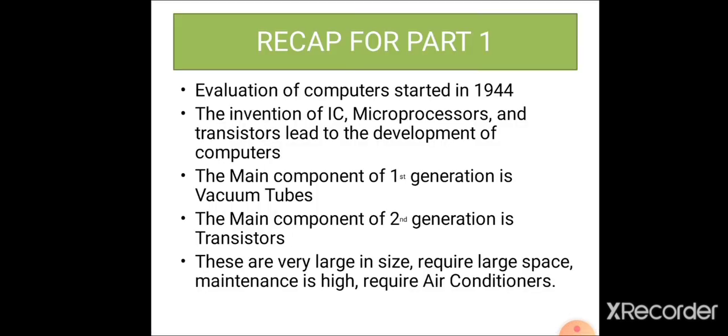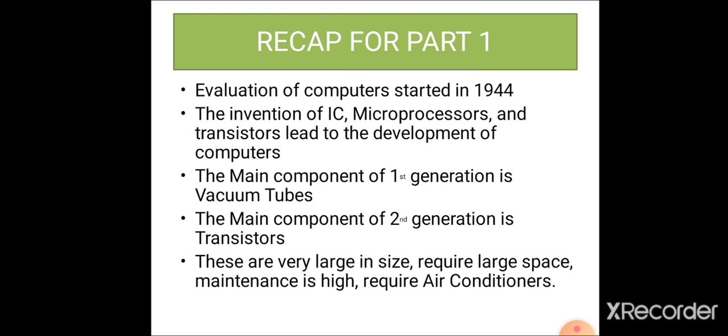In our video 1, we came to know that the evolution of the computers started in the year 1944, and the invention of integrated circuits or IC, microprocessors and transistors has led to the development of computers.